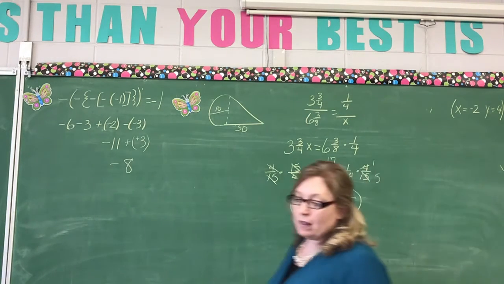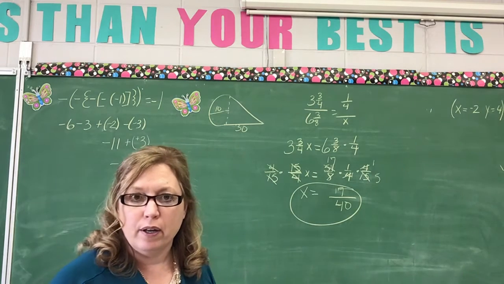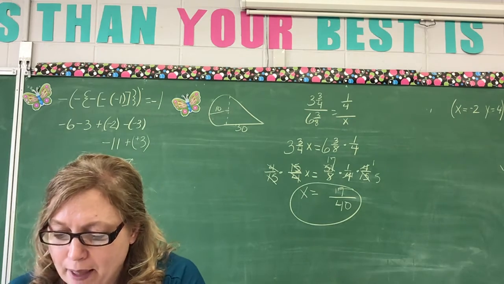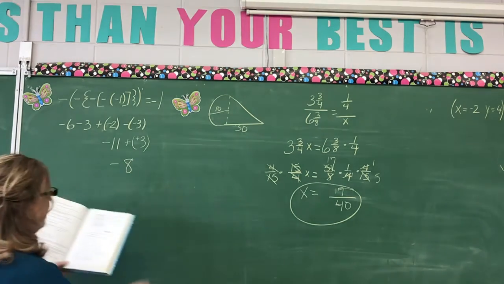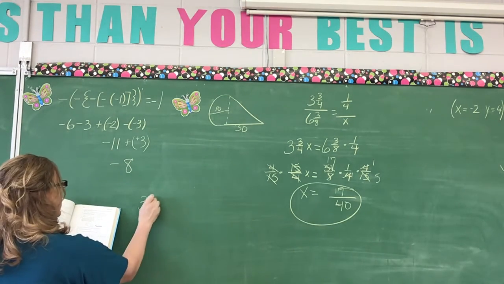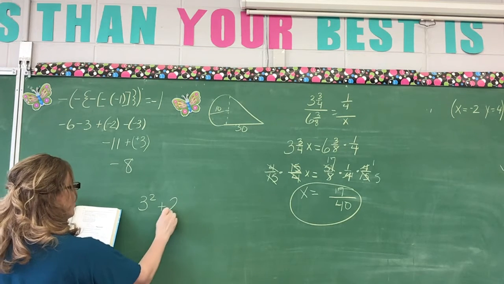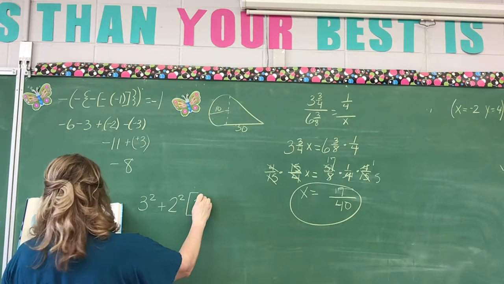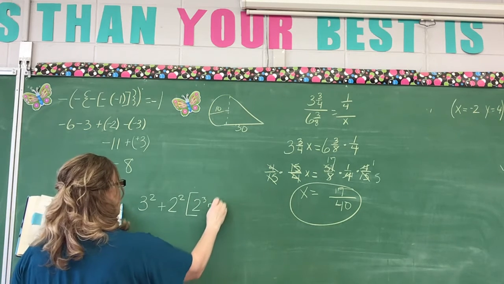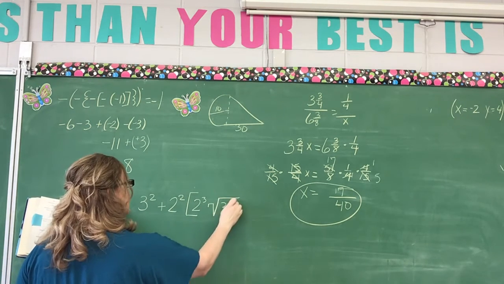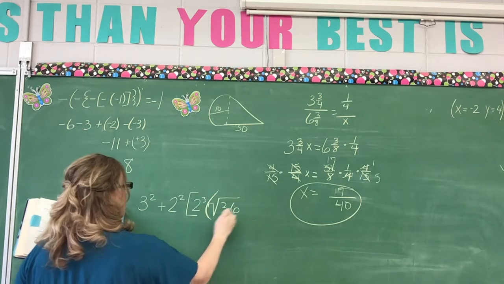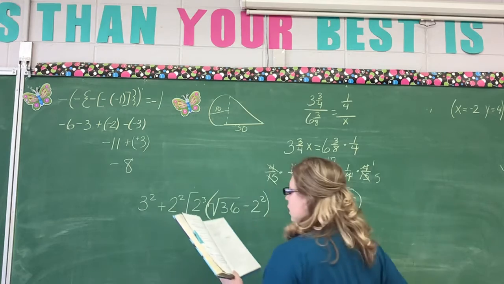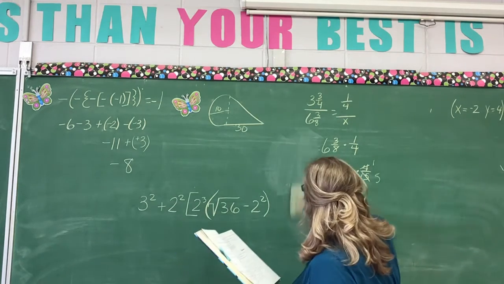All right, let's look back at your book. I think I have time maybe to do one more problem. And the one I want to do is number 20. It says 3 squared plus 2, square bracket, 2 cubed, parentheses, the square root of 36 minus 2 squared, and then we have another parentheses.